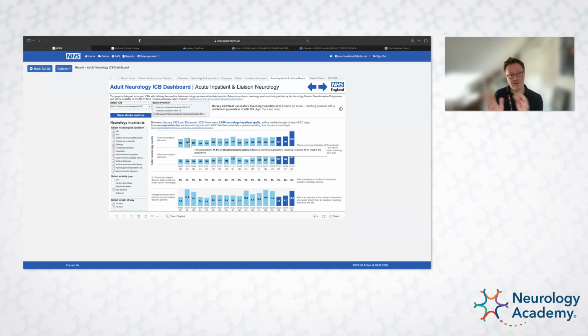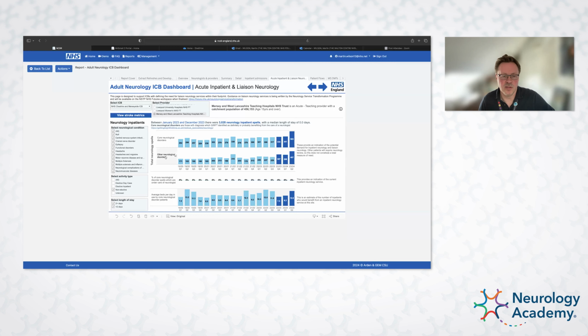The definition of that, again, it's all in the dashboard, but this is essentially mirroring what GIRFT looked at, looking at conditions that would definitely be considered core neurology, and in theory would be, if it could be delivered, better off under the care of a neurologist, even though they're usually not. So this gives you an indication of the demand for liaison neurology or for neurology beds, if that's what you want to deliver.